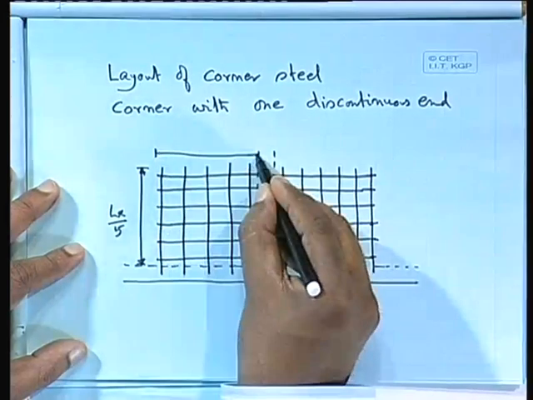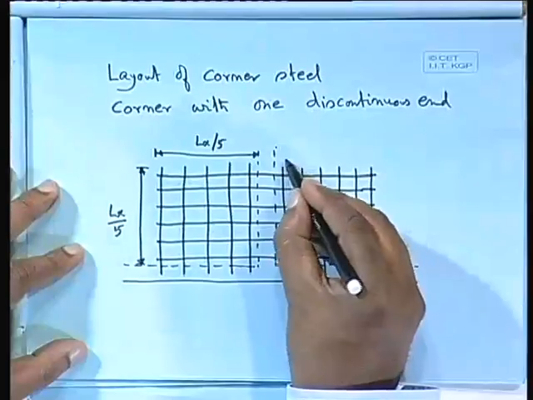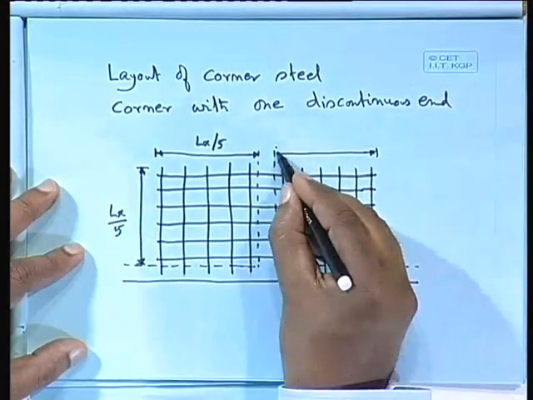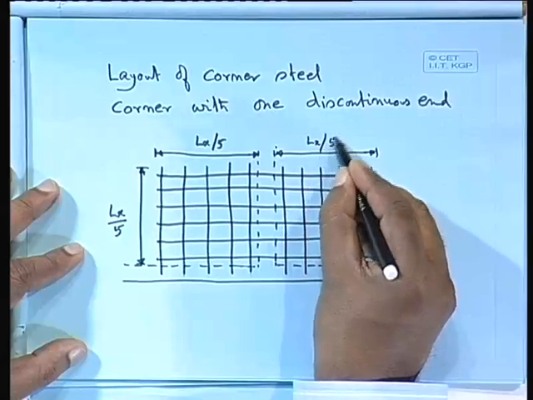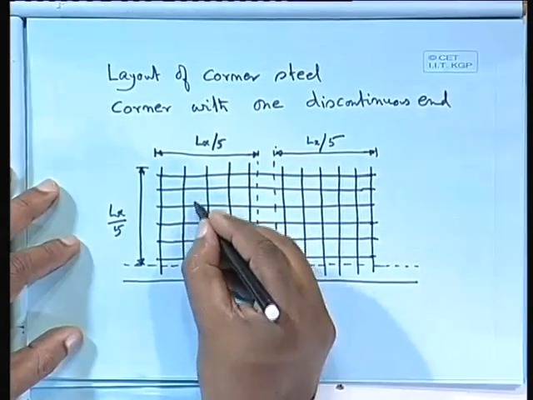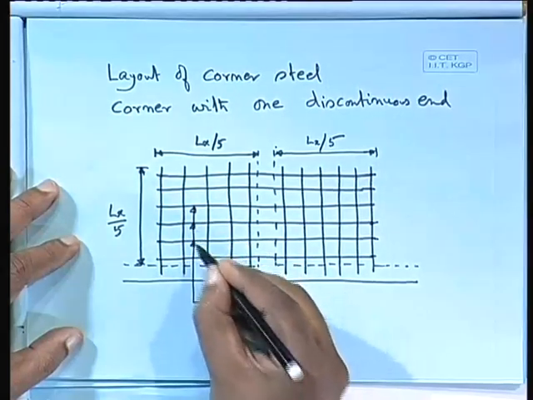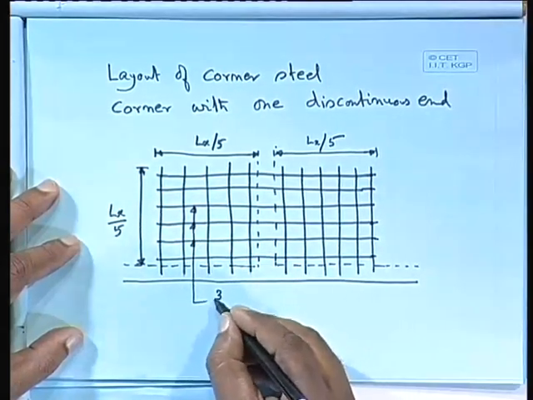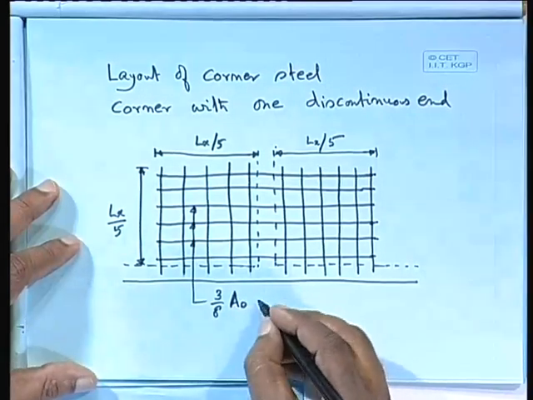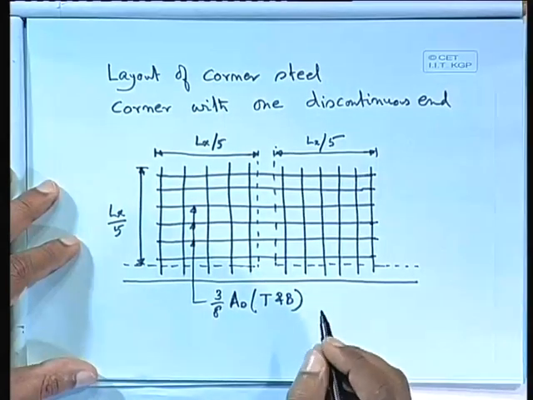This one also you have to provide, also Lx by 5. And we provide the reinforcement on this side, that should be equal to 3/8 of the area of steel, that is the span steel whatever we have got, and that will also be at the top and bottom.